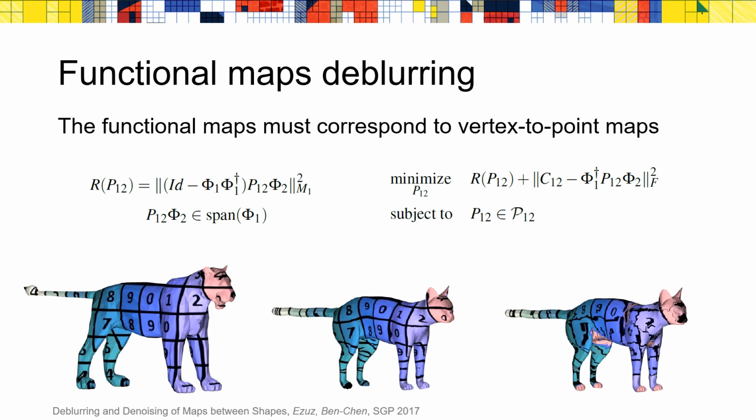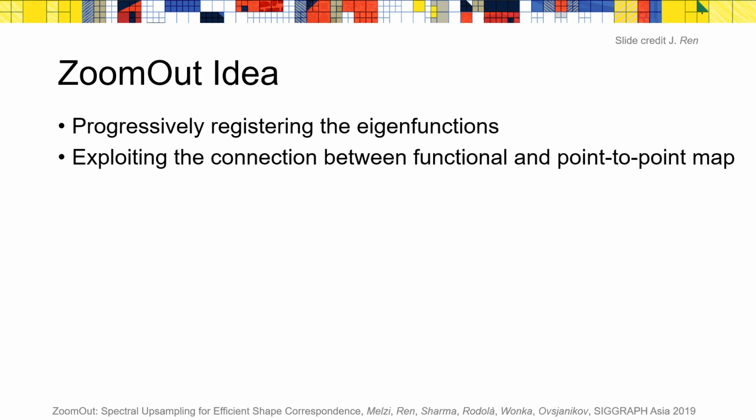Inspired by this idea, we propose the zoom out method, and the zoom out idea is to obtain a registration of the two sets of eigenfunctions by progressively increasing the size of the matrix C. And this, as proposed in the blurring and the noising paper, is done exploiting the connection between the functional map and the point-to-point map.